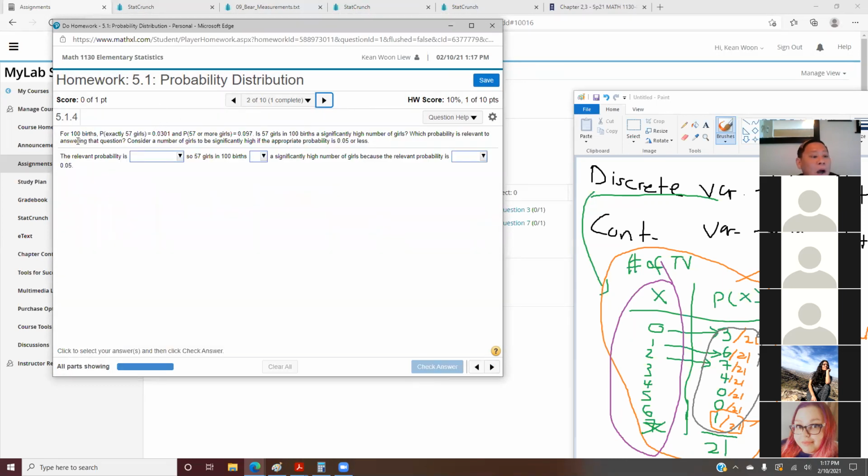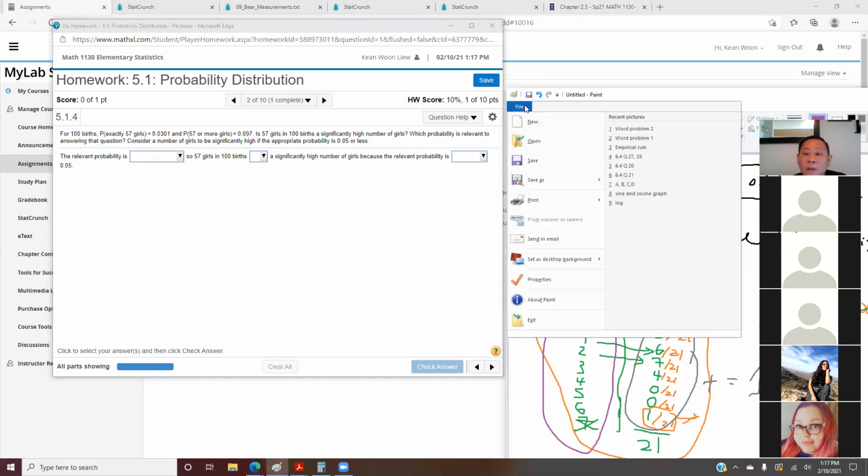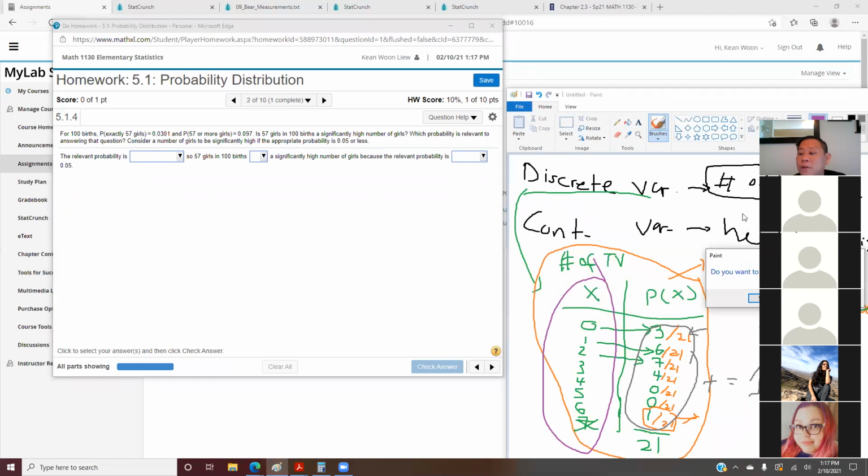Next, 100 births: exactly 57 girls is this probability, and 57 or more girls is that probability. Is 57 girls in 100 births significantly high? Which probability is relevant to use? When you talk about significantly high or significantly low, this is very important when you do your homework.